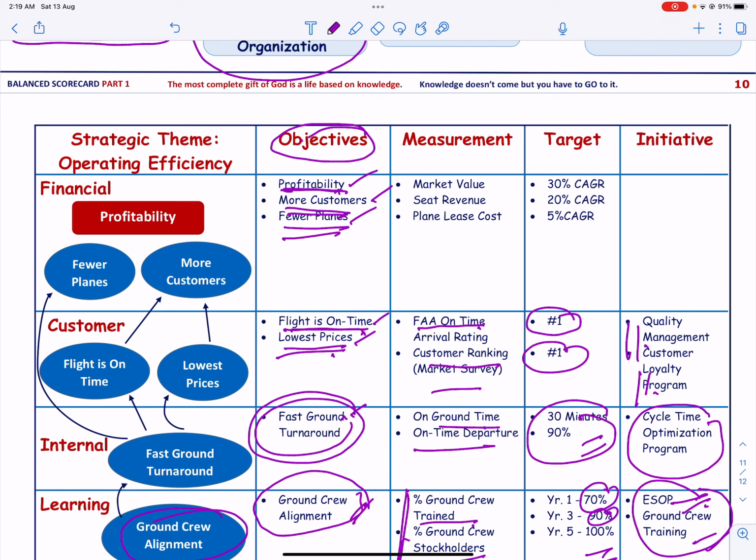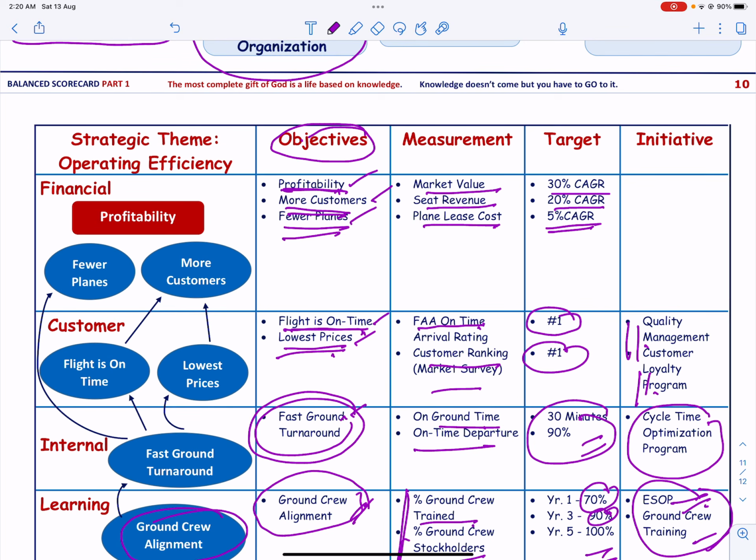Fewer planes will reduce the maintenance cost and it will make it easier for the ground crew to manage the planes. The company will measure this by determining the market value, the seat revenue earned, plane lease cost, etc. And the target is to have a 30% compound annual growth rate of profitability, 20% compound annual growth rate from seat revenue, and a 5% decrease in cost.